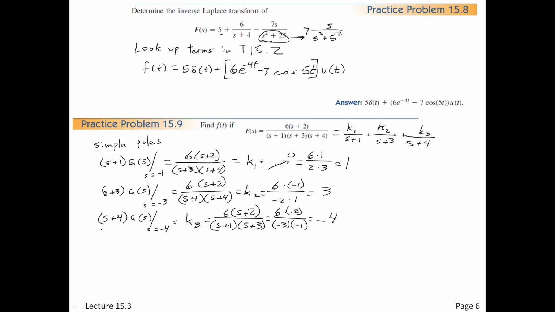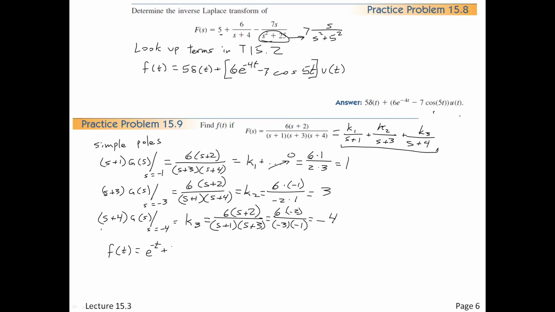Okay, and now if we put the whole thing together, remember, back to this form up here, we now have our k1, so we have each of these, and we just go pluck these out of the table. F of t is equal to, the first one is 1 times e to the minus t, because it's s plus 1.